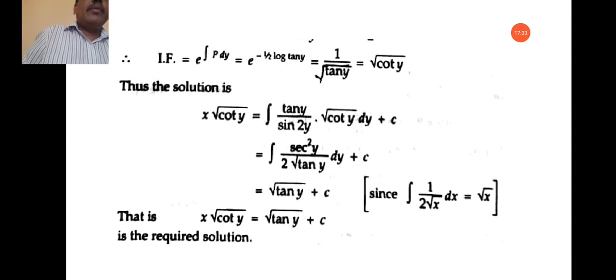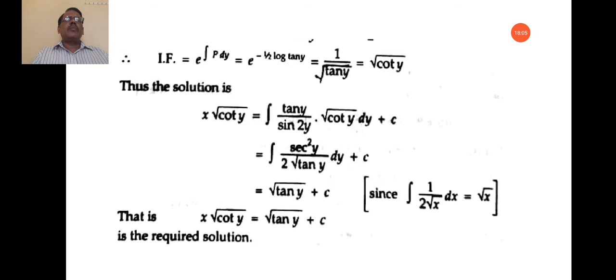Then the solution of the given differential equation is x into integrating factor is equal to the integral of q into integrating factor into dy plus c. Therefore x into root of cot y is equal to the integral of, on simplification, secant square y divided by 2 into root of tan y dy plus c.